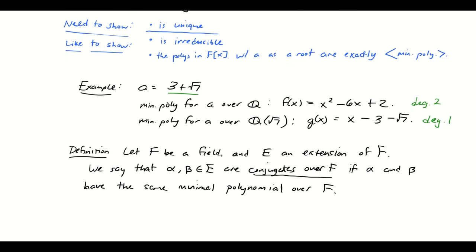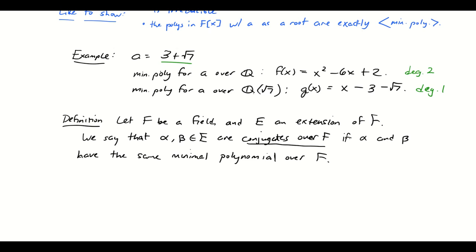So, for example, going back to that polynomial we had over Q, f of x equals x squared minus 6x plus 2. That is irreducible. It is the minimal polynomial of a, or we'll call it alpha now. Alpha equals 3 plus root 7. Okay, but this polynomial has another root. Its roots are x equals 6 plus or minus the square root of 36 minus 4 times 2, which is 8, all over 2.